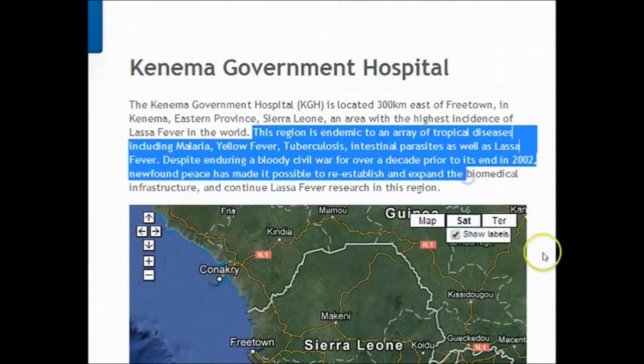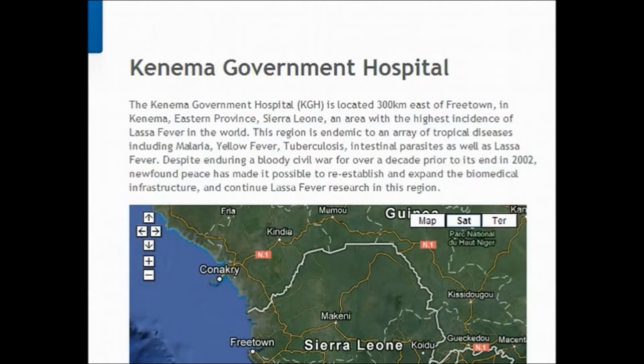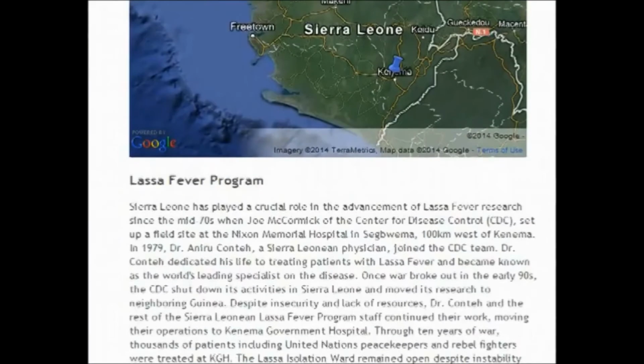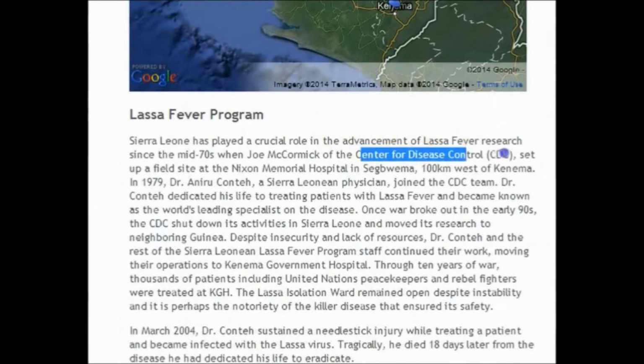This region is endemic to an array of tropical diseases, including malaria, yellow fever, TB, intestinal parasites, as well as Lassa fever, and now Ebola. In other words, they have a place that they're studying with the CDC. Here's your CDC, a bioweapons lab.